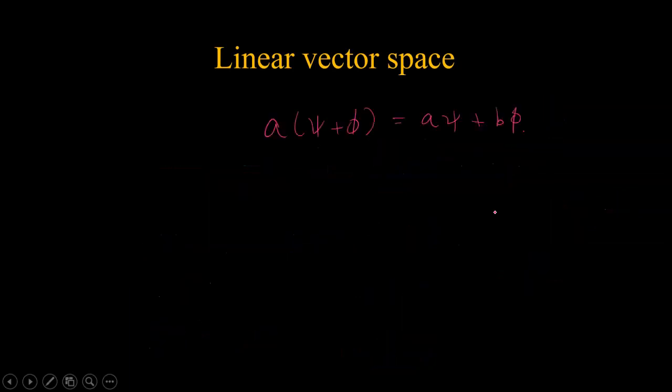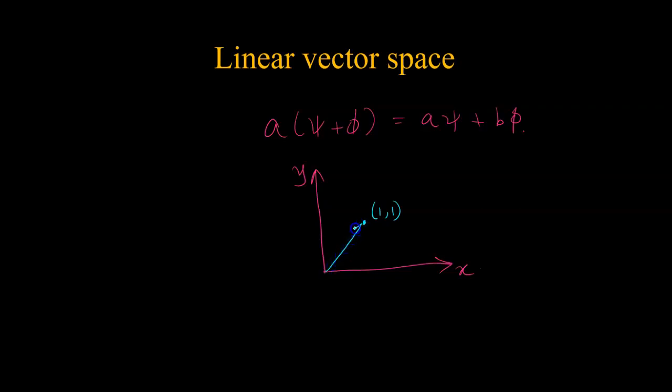And let's look at another example. Let's say I have a two-dimensional real number plane. So this is x and y. Let's say I have a point over here. This is point 1 and 1, and this point's location is given by this vector.